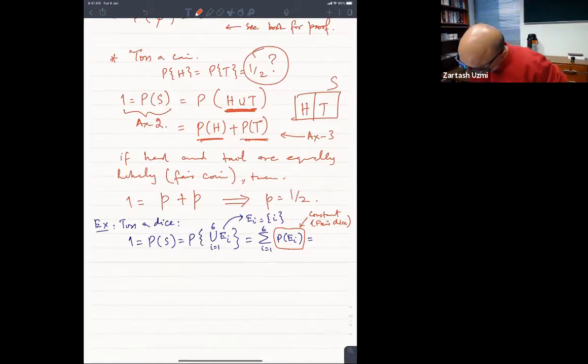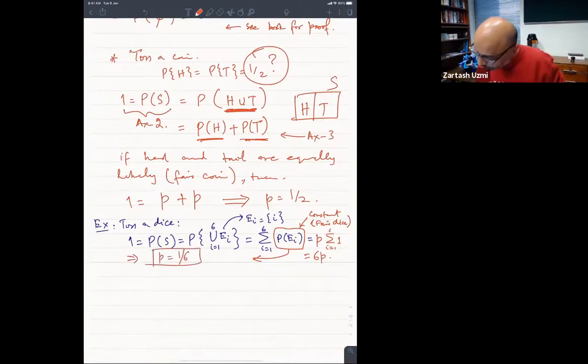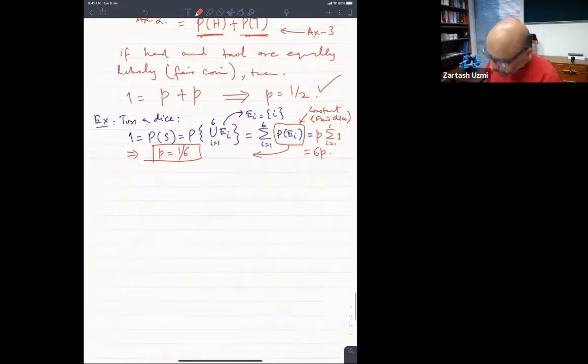So I pull it outside the summation. Let's say that constant number is p, and summation i equal to 1 to 6 of 1, which is 6p, which implies that p is equal to 1 over 6. Just like we showed 1 over 2 here, similarly we have shown 1 over 6 here. Now, next time we will talk about some propositions.